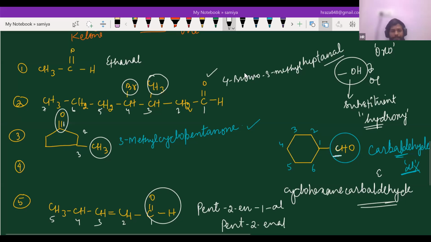Can I change the slide? I'm going to give you 4 more IUPAC names, then move to the structure and preparation. Please do it ASAP. Do let me know when you are done with this.